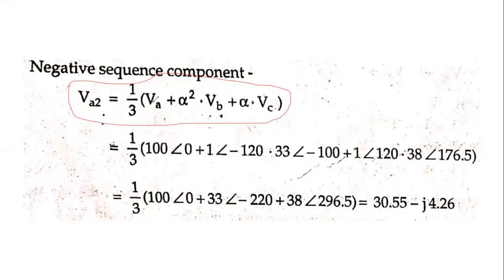Therefore, what is the VA value? 100 at an angle of 0 degrees. And what is the value for alpha square? Alpha square is equal to 1 at an angle of 240, or 1 at an angle of minus 120.